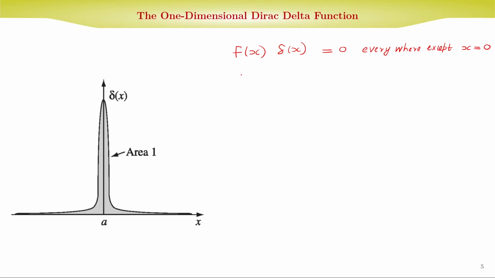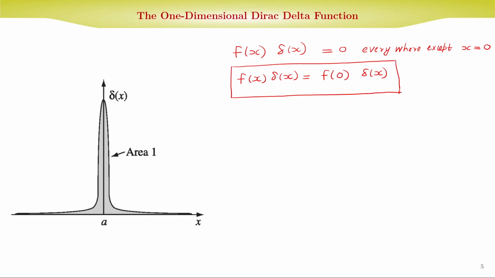From this observation, it follows that f(x) delta x is equal to the value of the function at x equal to 0 multiplied by delta x. This is because the product is 0 anywhere except at x equal to 0, and therefore we replace f(x) by the value it assumes at the origin.